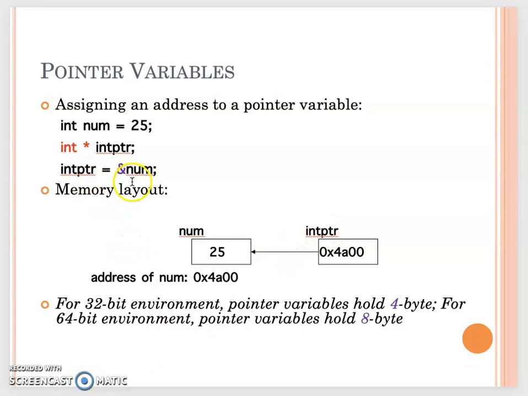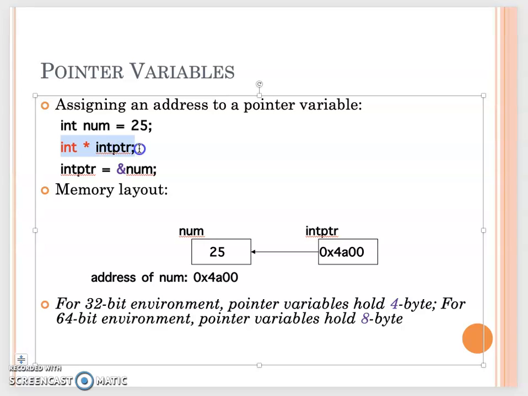You can either assign the memory address to the pointer variable, or sometimes if you define your pointer but you don't know the location of the variable you want to refer to, we can simply assign it 0. This 0 means no pointer: I don't refer to any memory location.